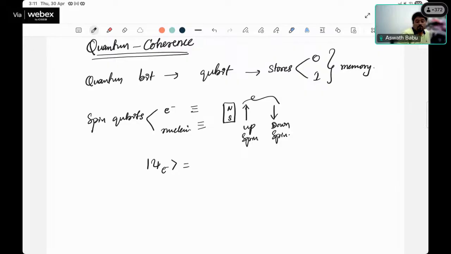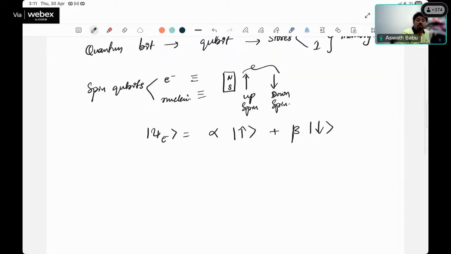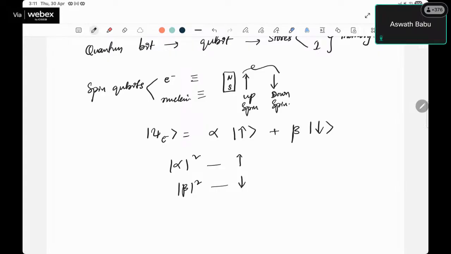It will exist in upspin sometimes, and also in downspin sometimes. Sometimes means when I make a measurement on the system to find in which direction it is pointing. If I make 100 attempts, alpha squared times I'll get upspin, and beta squared times I'll get downspin. This is for a spin electron.